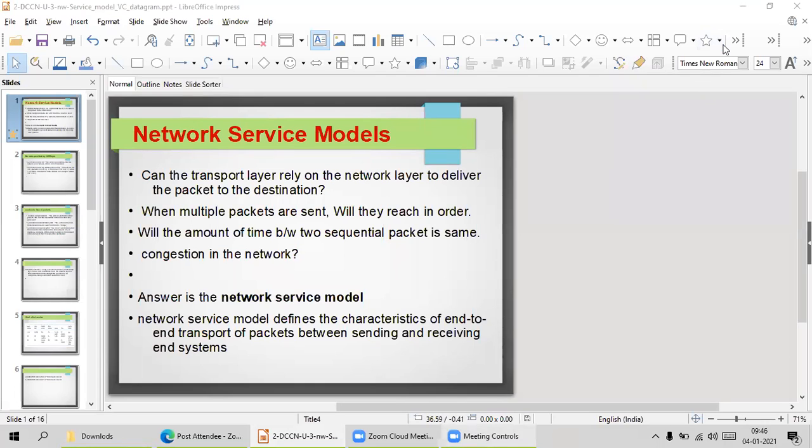Now, till now we have seen forwarding and routing. The network devices will have a forwarding table or routing table inside.